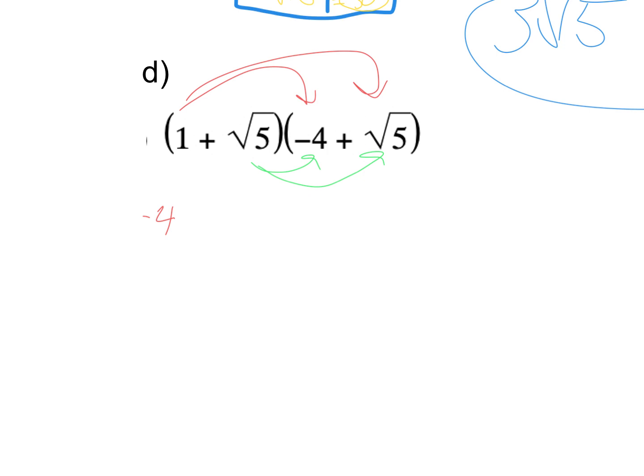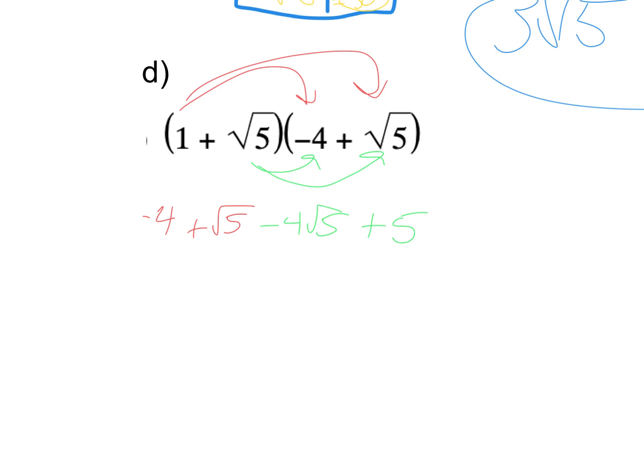And then 1 times the square root of 5 is square root of 5. And then when I distribute the square root of 5 to the binomial, I get -4 square roots of 5, and then plus 5. When I get the square root of 5 times the square root of 5, it becomes just the number within that square root, since it's the same number.